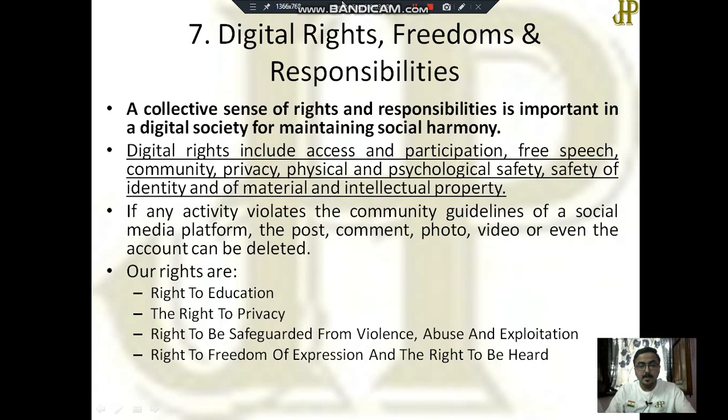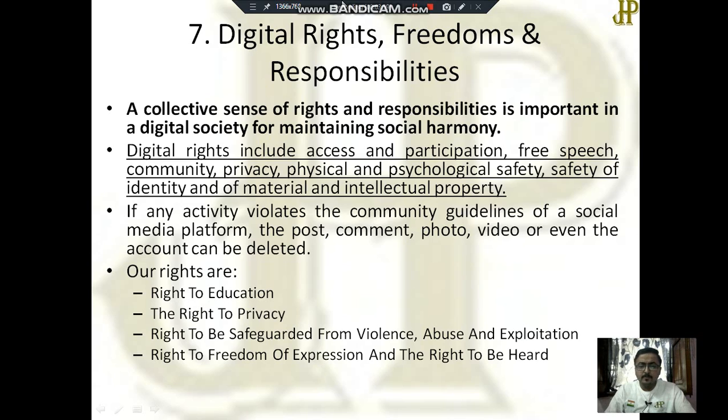So our rights are right to education, right to privacy, right to be safeguarded from violence, abuse and exploitation, right to freedom of expression and the right to be heard.